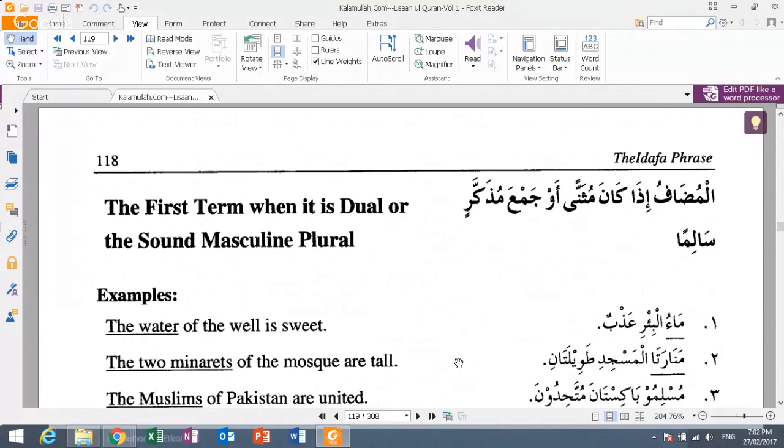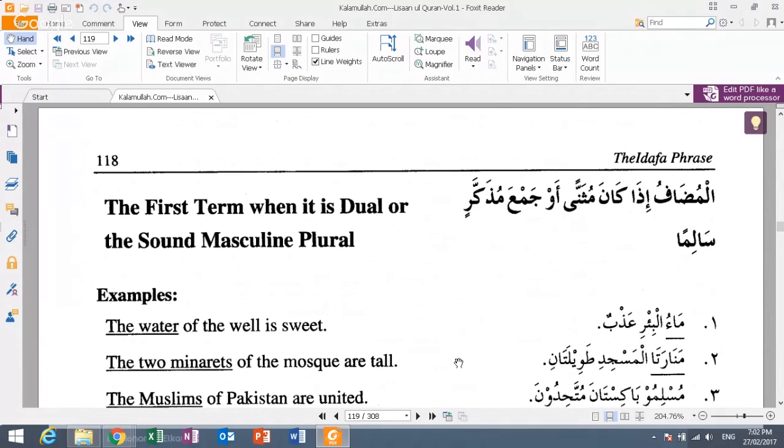Because you are ascribing, this noon will drop. So Muslimu al-Masjidi, Muslimu al-Qaryati, Muslimu al-Madinati. See? The noon will drop. We are going to drop the noon of jama muzakkar salim.